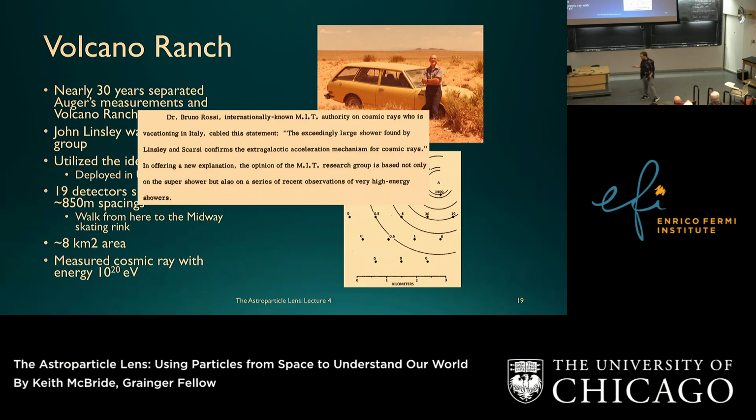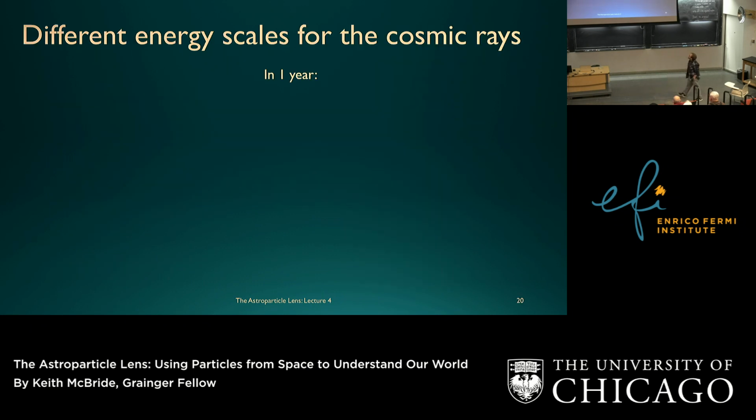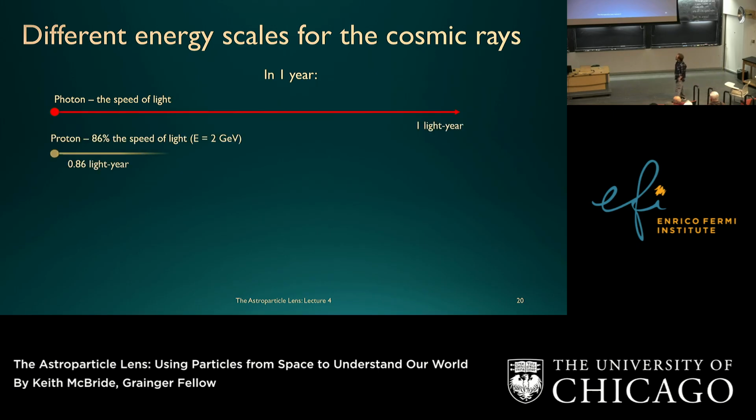So this meant that we didn't even believe, back then when this was discovered, and we still don't, anything in the Milky Way can produce particles of this energy, right? We think that there's no way something in the Milky Way can do this appreciably where those particles make it to Earth. And so just to put that in perspective again, right, the photon goes in 1 year a light year, and the proton at 2 GeV goes 86% of a light year.